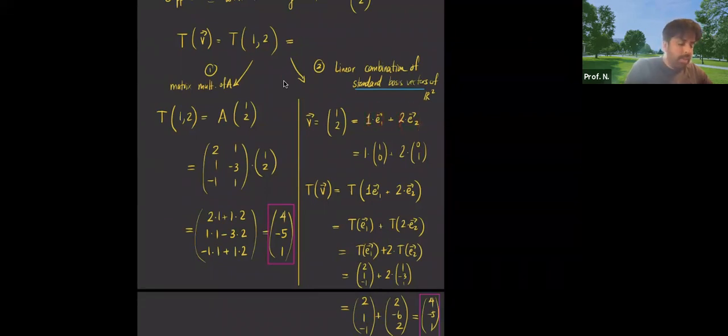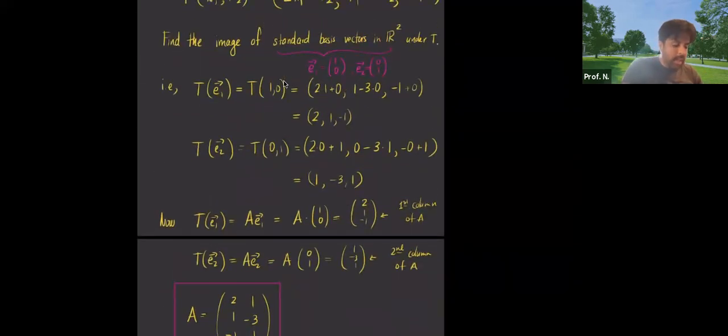In other words, where does E1 go when I apply T to it, and where does E2 go when I apply T to it? And that's exactly what I did here. I plugged in E1, which is 1, 0, and found what E1 goes to when I apply T to it. And then E2 goes to this vector.